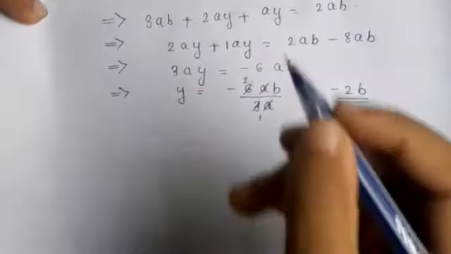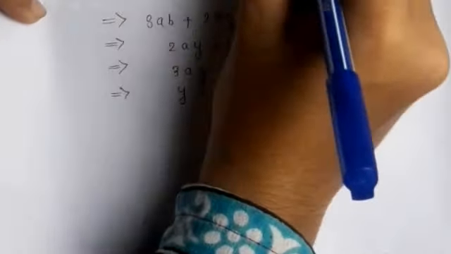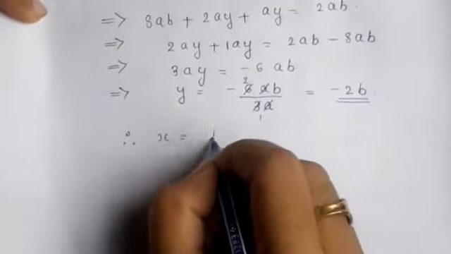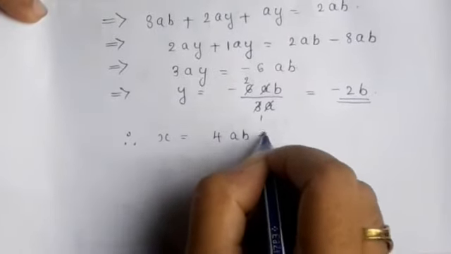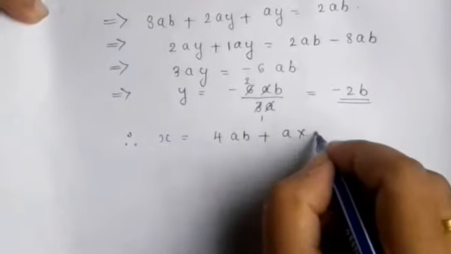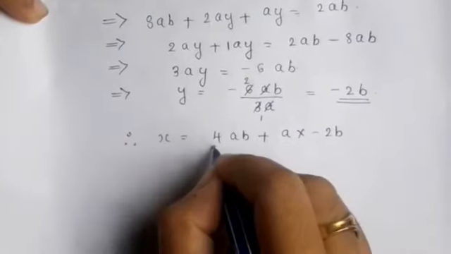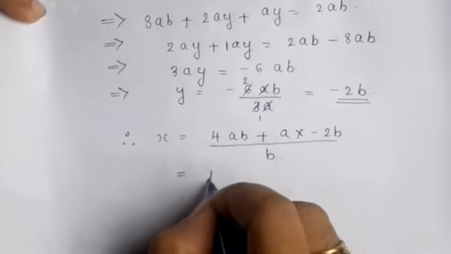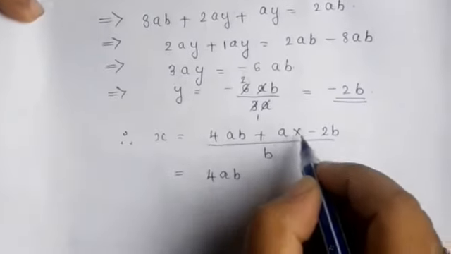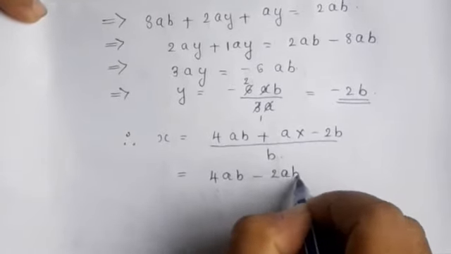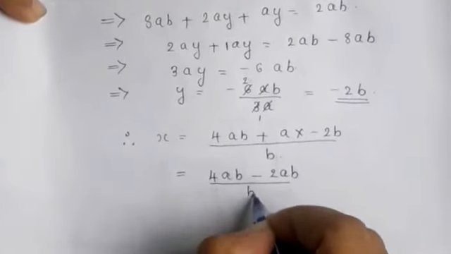Now you have to find out the value of x. For this you select this one. Therefore x is equal to 4ab plus a into y, what is y? Minus 2b, all divided by b. So you will get 4ab plus a into minus 2b, minus 2ab, all divided by b.